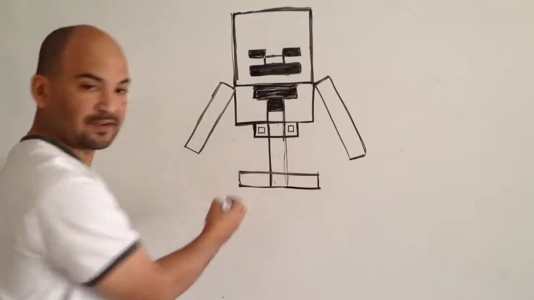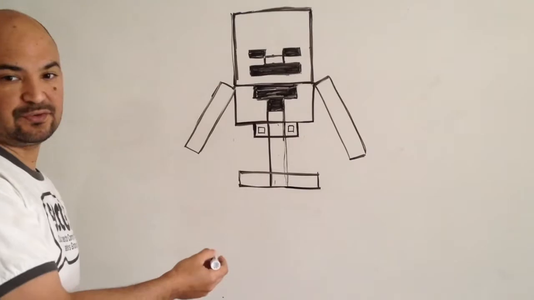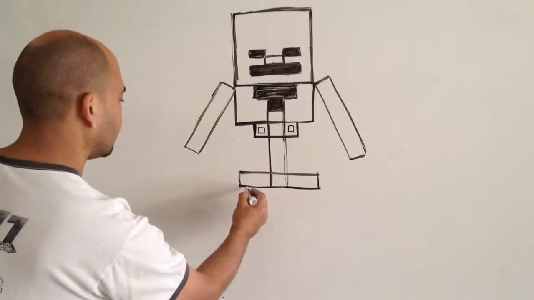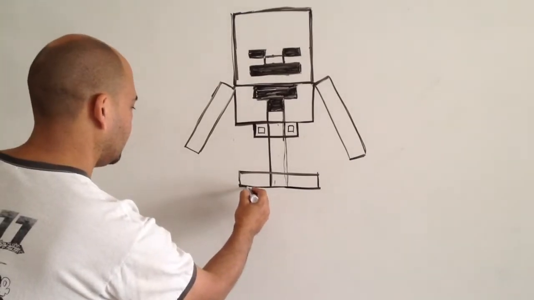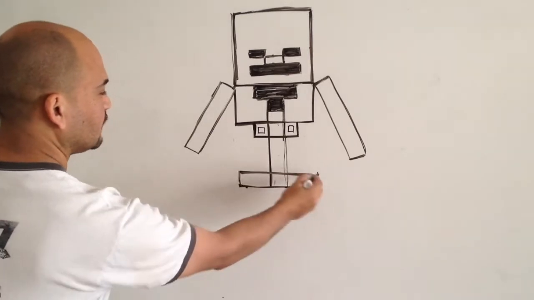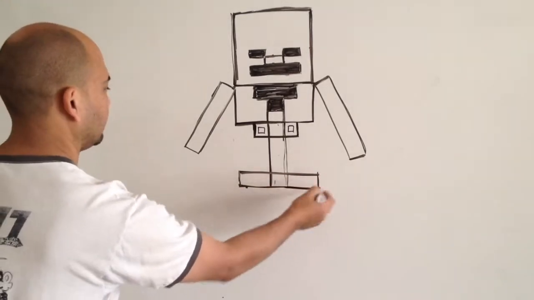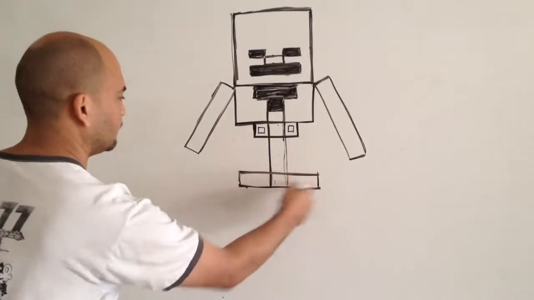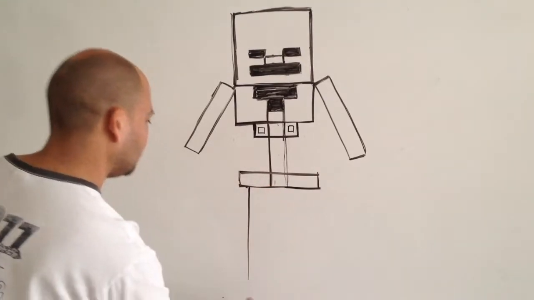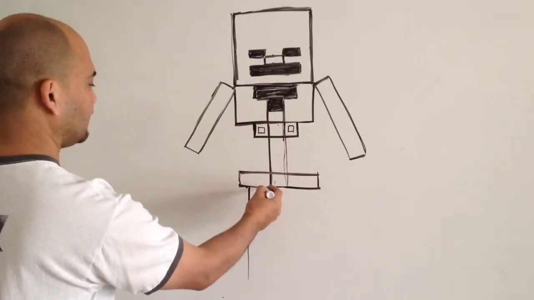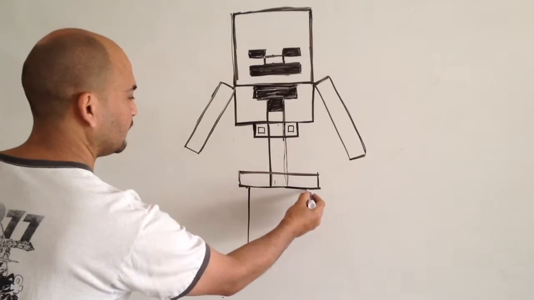Okay, let's draw his legs, which are, again, two big, long rectangles. So, we don't want to go all the way to the very edge of this long rectangle. Just kind of in the middle, I guess, would be the best way to say it.